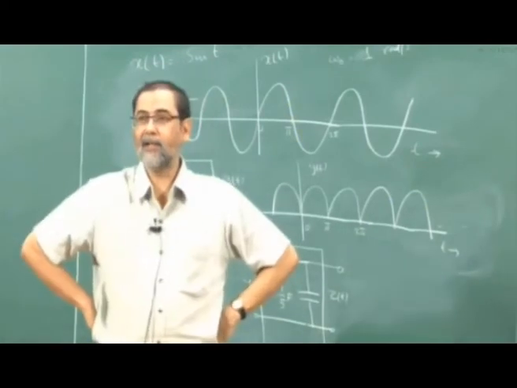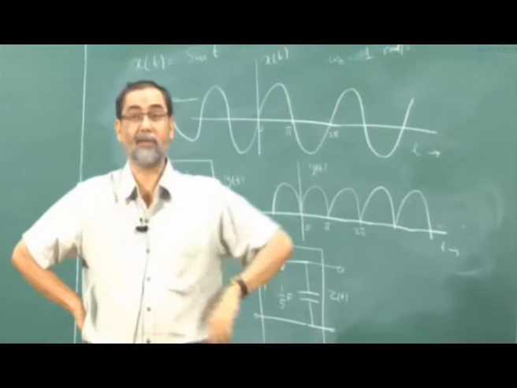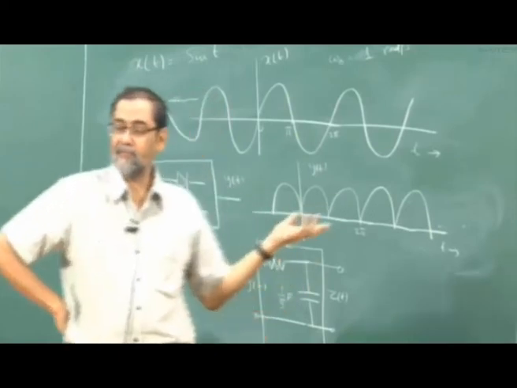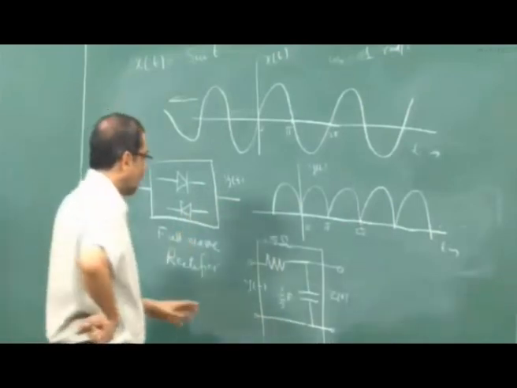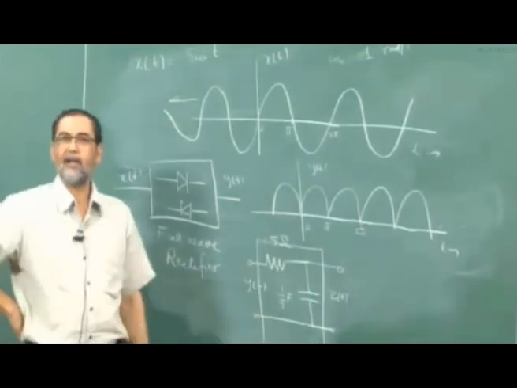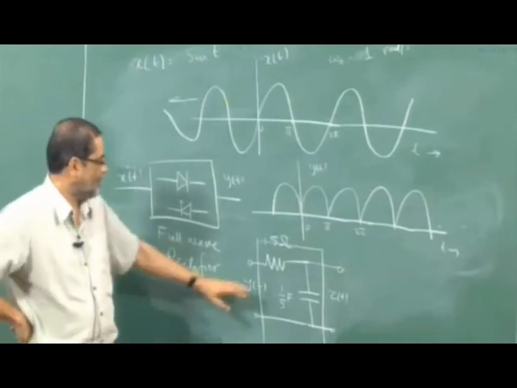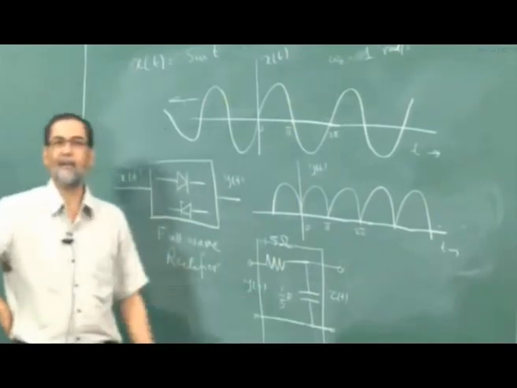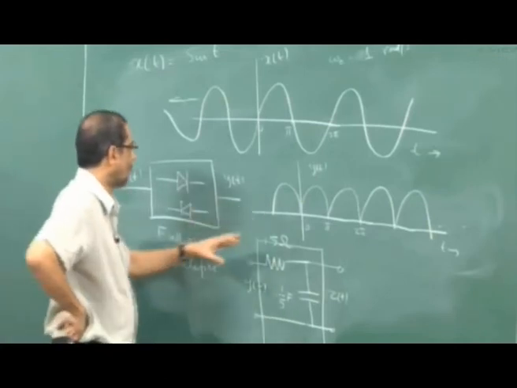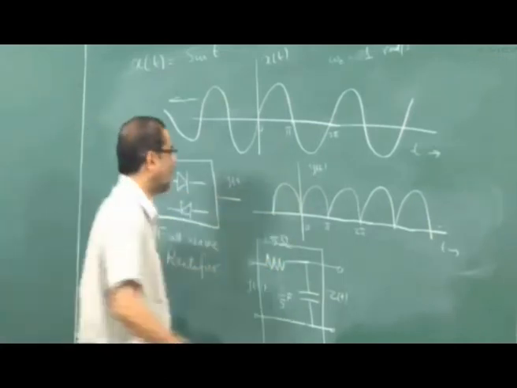At least ideally, components do not change their behavior with time. So it's time invariant, and I want you to show that this circuit is also linear, meaning it satisfies homogeneity and additivity.